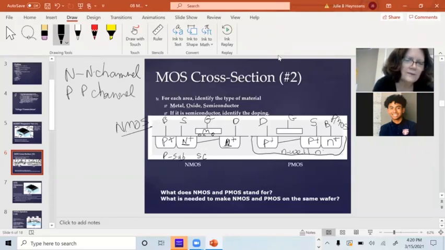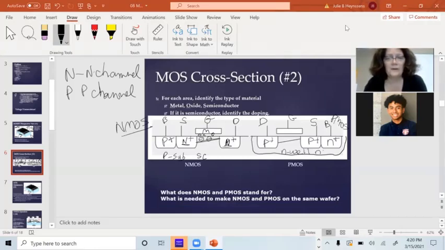What I have to do in order to get these things turned on and conducting current is somehow form a channel of electrons between these two N+ regions to allow it to conduct. And that's what the gate's going to be for. I know I'm leaving a lot to the imagination.